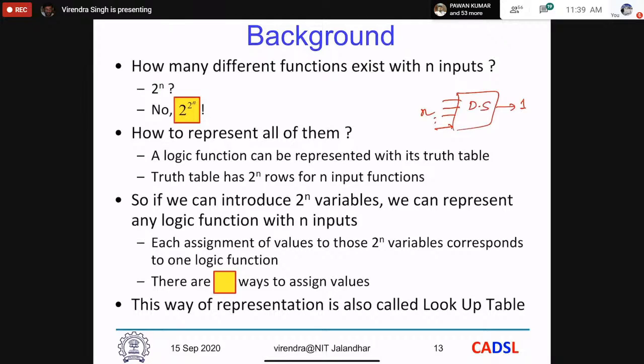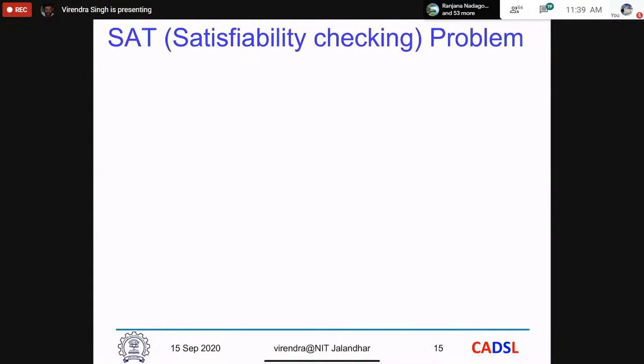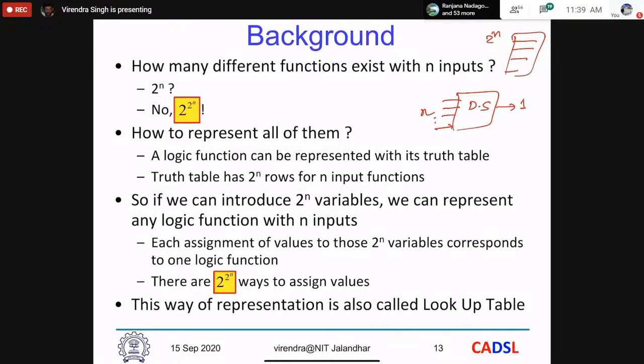If I have n variables, there would be 2 raised to the power n rows, right? If I fill in any values here, like 0 1 0 1, that would be one function. If I fill in all zeros, that would be another function. If I fill in all ones, that would be another function, right?